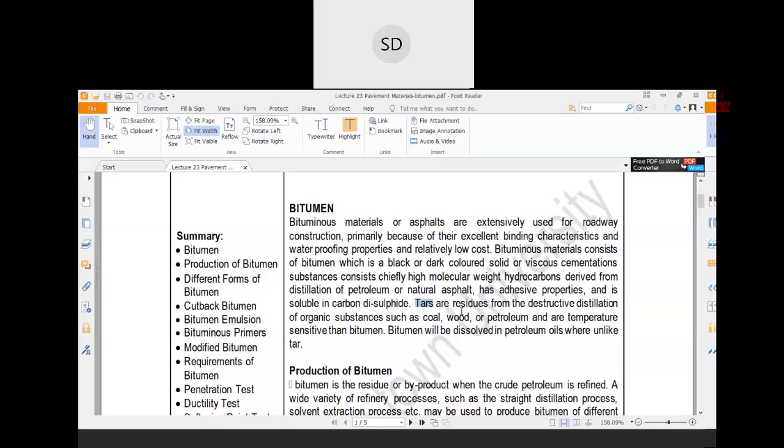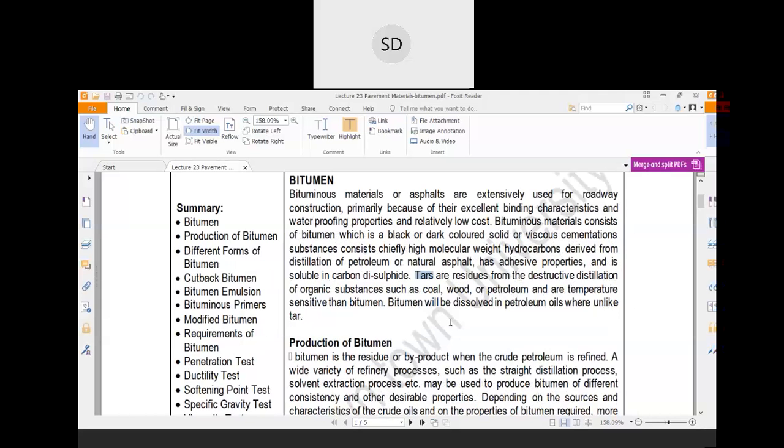Tars are residues from the destructive distillation of organic substances such as coal, wood, or petroleum. In destructive distillation, coal, wood, or petroleum is distilled in the absence of oxygen, and in this way a bituminous material is extracted, and that is called tar.